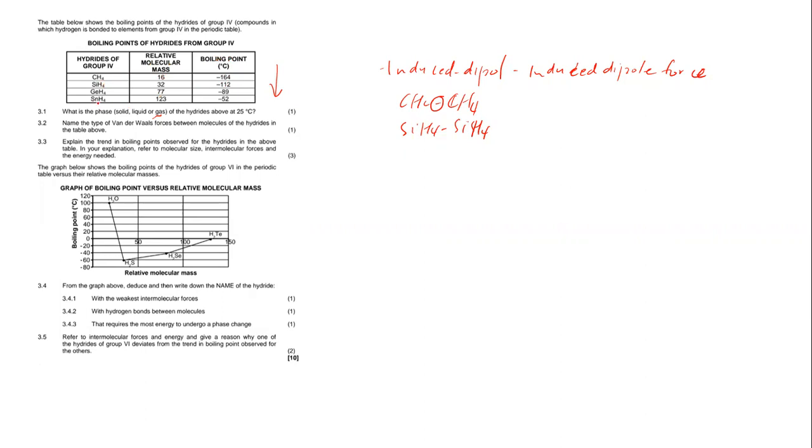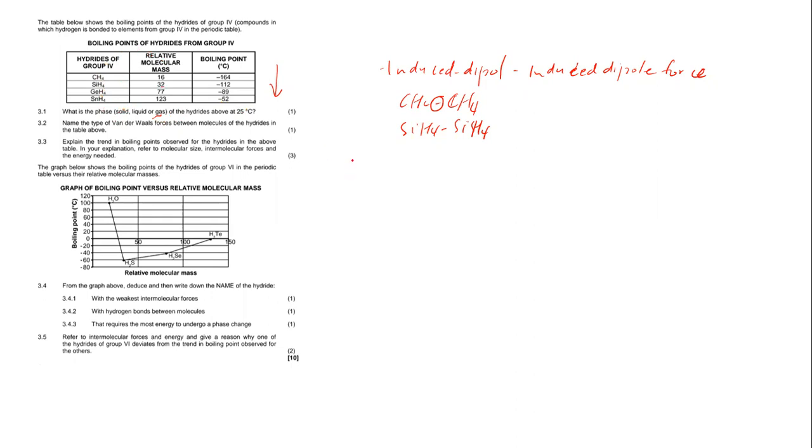Same applies with SnH4. For it to change from liquid to gas, that means for SnH4 to boil, we need a temperature of 52 degrees Celsius. That means when you introduce a positive temperature like this one, what will be the state of all of these hydrides? Most definitely gaseous state, because this is extreme temperature for these hydrides to boil.